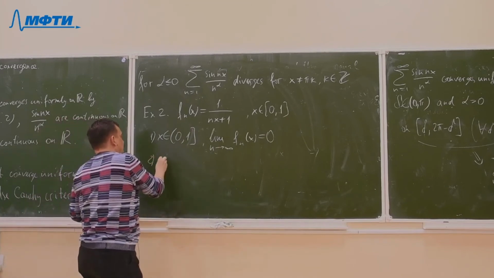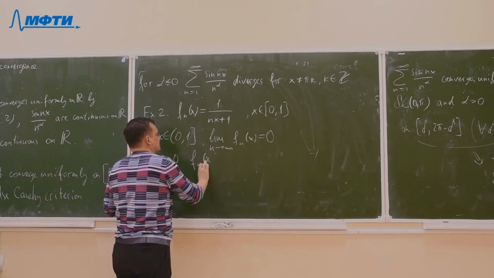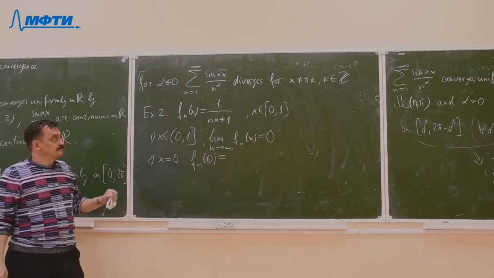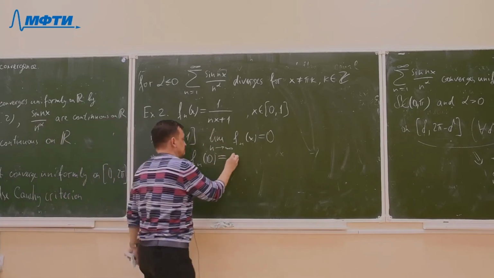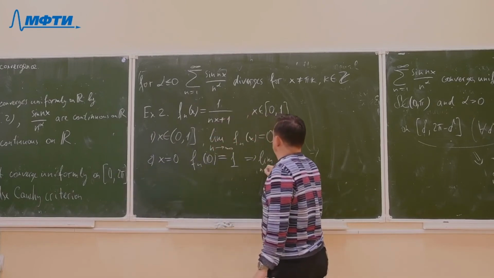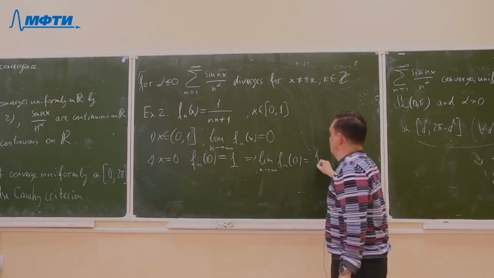But for x equals 0, all f_n of x are equal to what? 1, right? Hence, the limit of f_n of 0 is 1 as well, right?